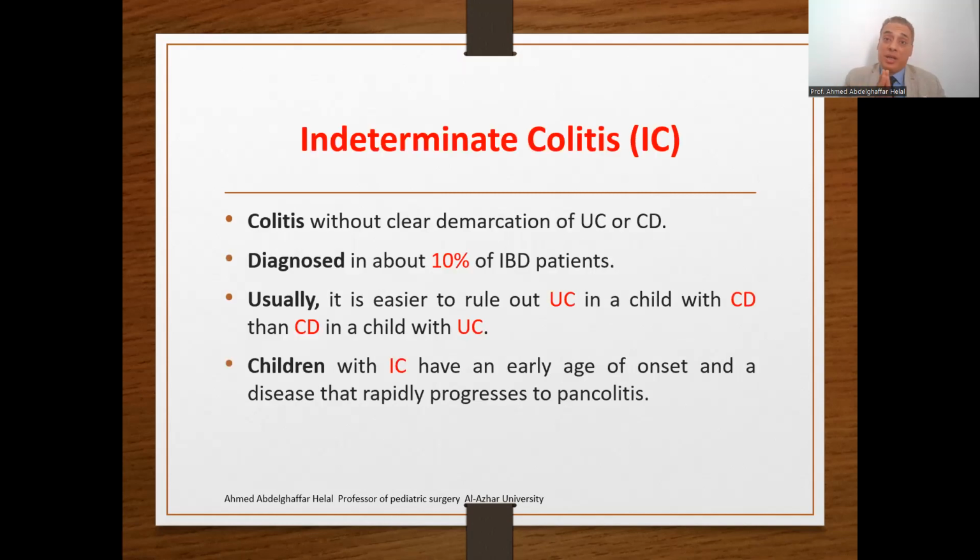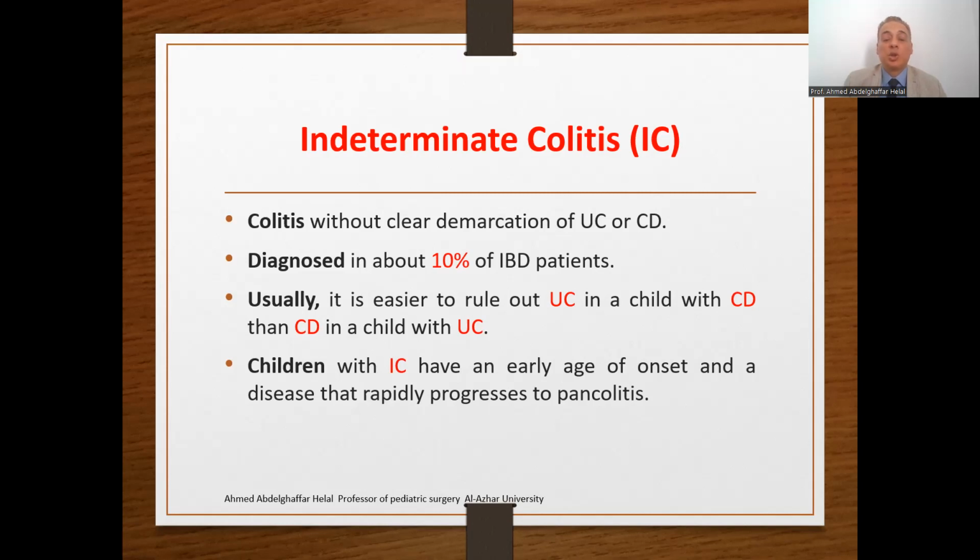The third and last one is what's called indeterminate colitis. We said that inflammatory bowel disease may be ulcerative colitis or Crohn's disease, and in some cases there is no clear demarcation between ulcerative colitis and Crohn's disease, usually diagnosed in about 10% of inflammatory bowel disease patients.